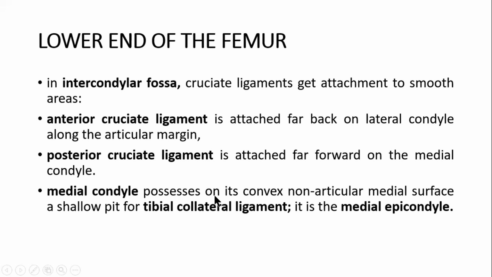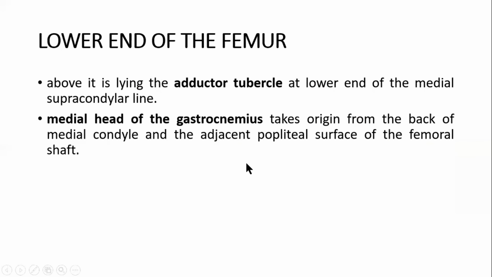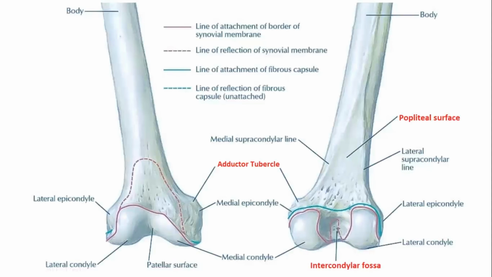Medial condyle possesses on its convex non-articular medial surface a shallow pit for the tibial collateral ligament. It is the medial epicondyle. Above it lies the adductor tubercle at the lower end of the medial supracondylar line. Medial head of the gastrocnemius takes origin from the back of the medial condyle and the adjacent popliteal surface of the femur.